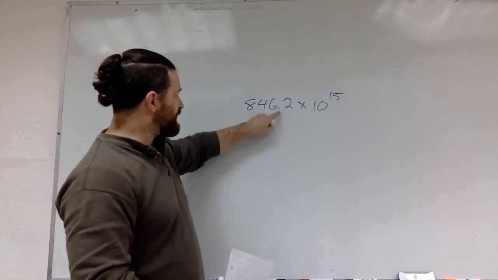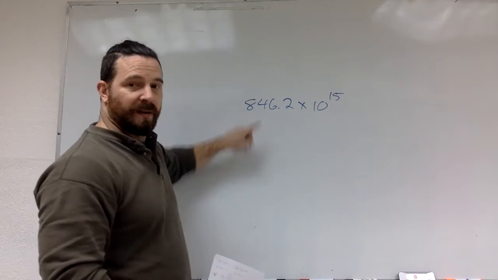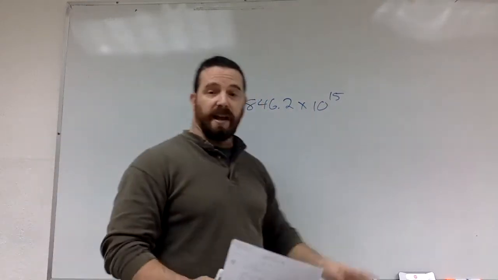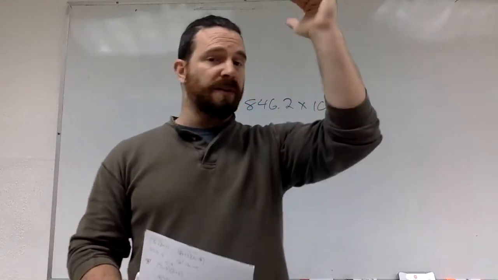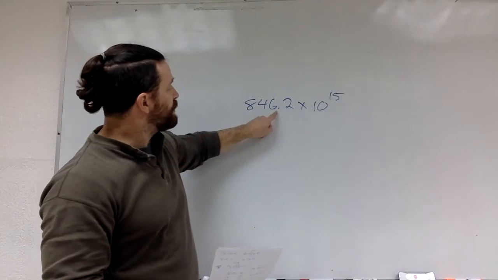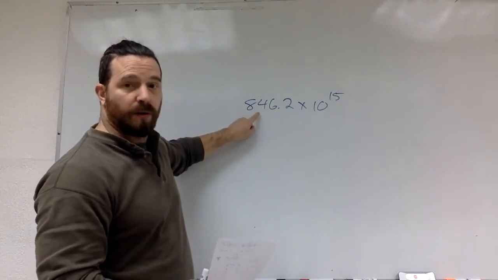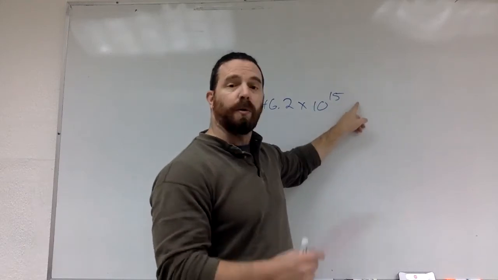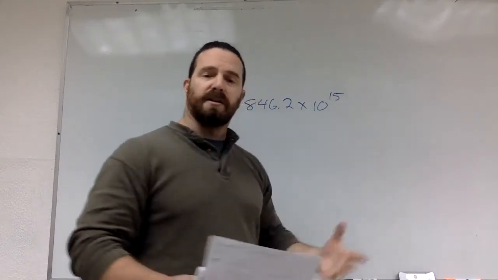So here, the decimal is going to have to be moved. Every time we move the decimal, it has an effect on the exponent. The exponent is either going to start increasing or it's going to start decreasing. So here, if we move the decimal 2 places to put it where it's supposed to be, that means we're either going to increase by 2 or we're going to decrease by 2. The question is which one?